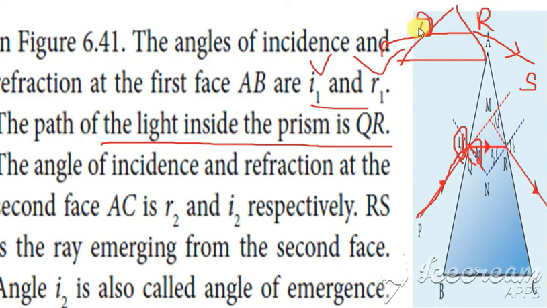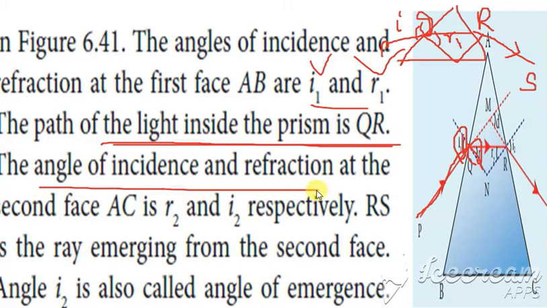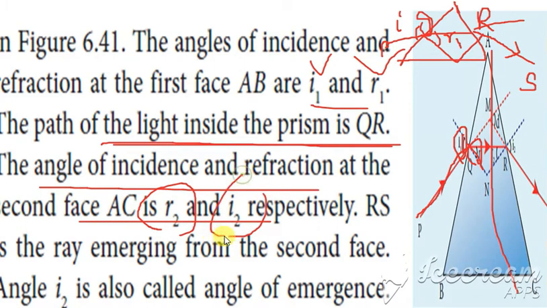Here is the angle of incidence I1, and here the angle of refraction R1. The path of the light is QR, then the angle of incidence and refraction for the surface AC are I2 and R2, and RS is the emerging ray.